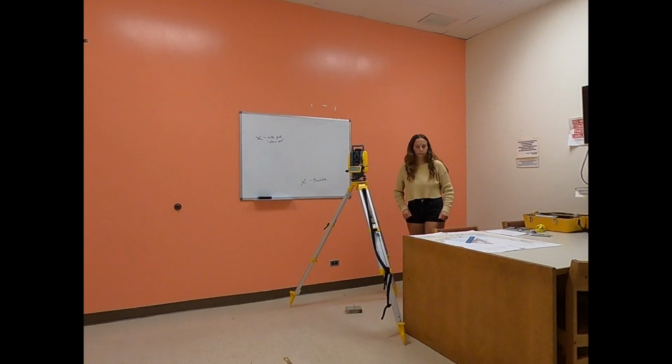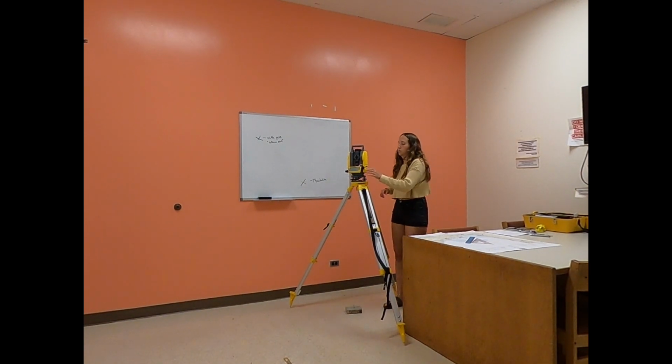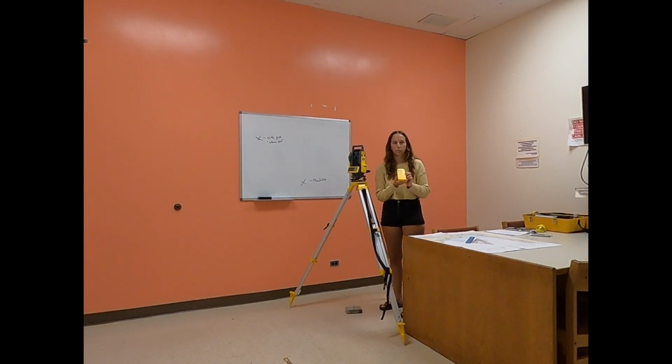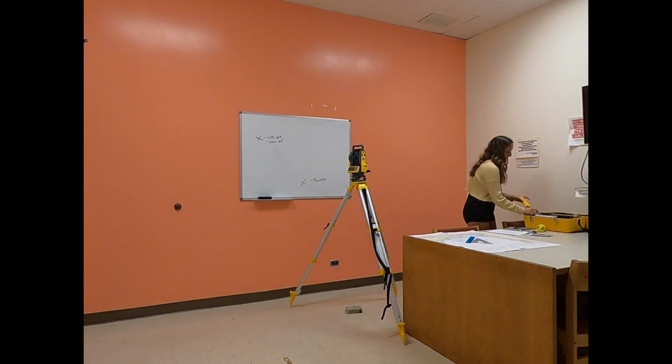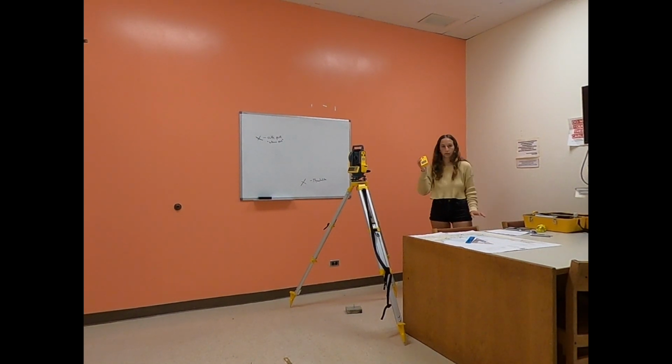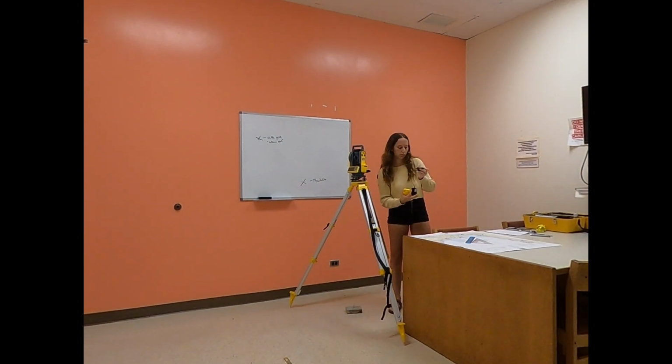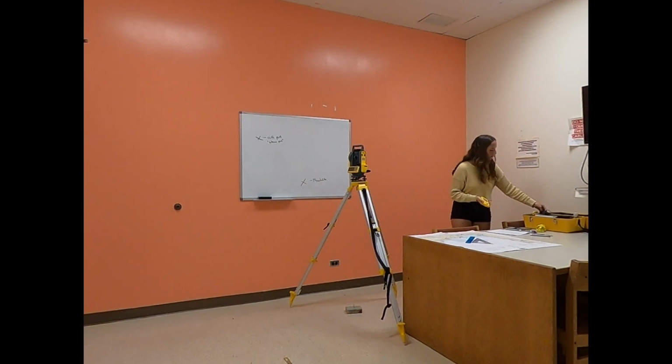Now, I'm going to put on the battery pack, and the old battery pack comes off. This is the refillable one for actual batteries, but today we're just going to be using the rechargeable one. And here's the charger that it comes with as well, which I've already charged in advance.